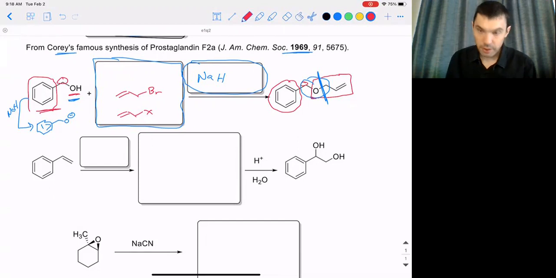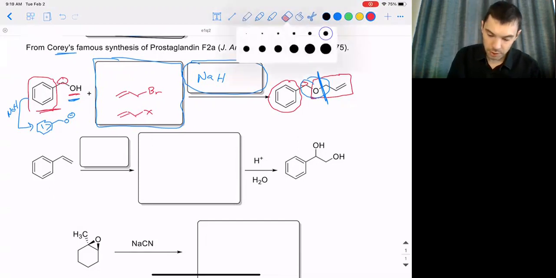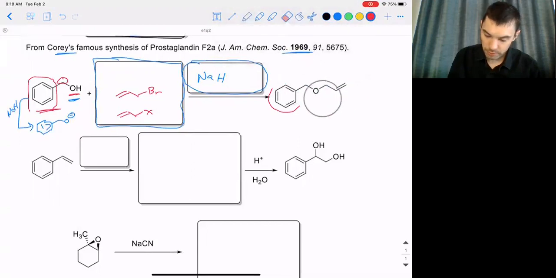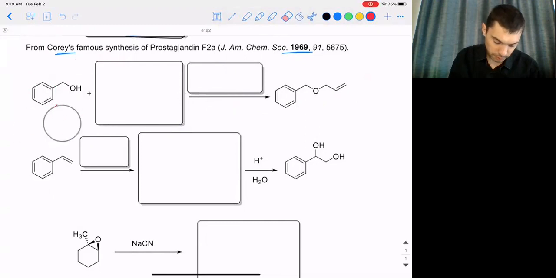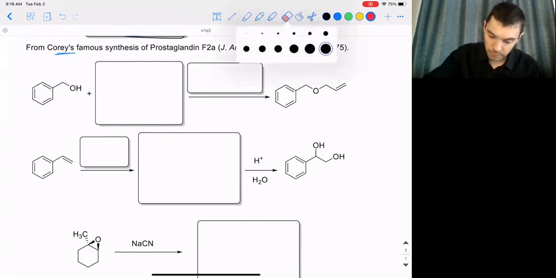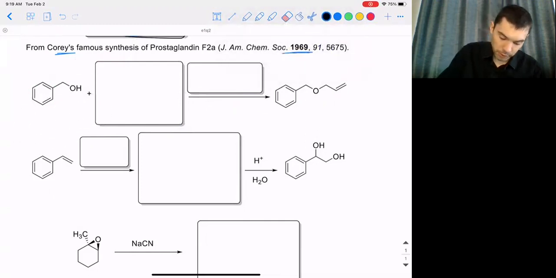There is another possibility here as well that I guess I should probably accept points for if I just delete all of this. The Williamson ether synthesis would be my preferred method for reasons I'll mention in a moment. But we could also imagine having allyl alcohol and using some kind of acid catalyst like H2SO4.